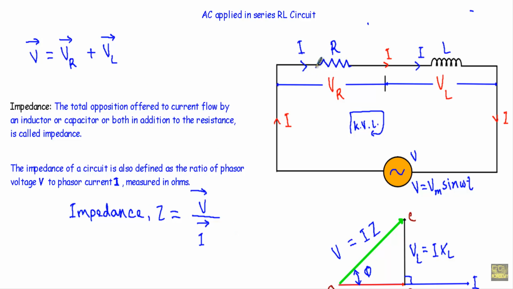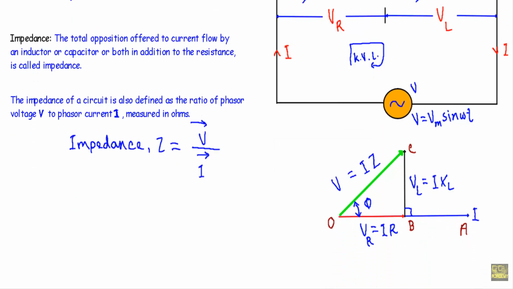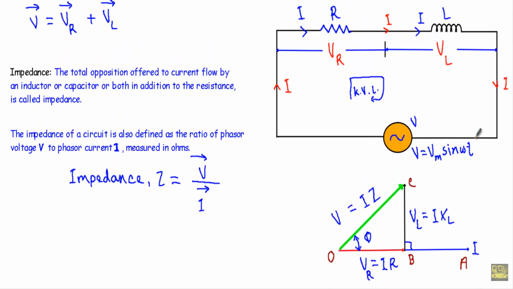Now I will show you how we calculate the impedance of this RL series circuit. We define the impedance Z as the ratio of phasor voltage V and phasor current I. This is the voltage triangle of this RL series circuit. Here we have taken I as reference, going along the x-axis.